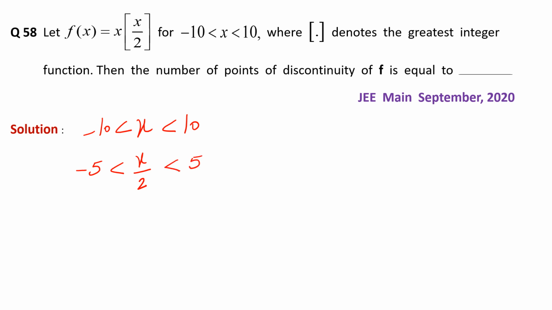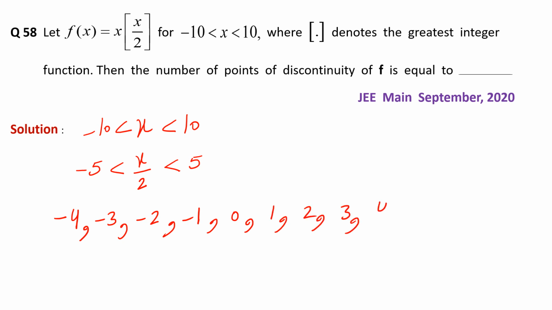Now students, between minus 5 and 5, there are 9 integers: minus 4, minus 3, minus 2, minus 1, 0, 1, 2, 3 and 4. So these are the susceptible points at which the function f of x may become discontinuous.